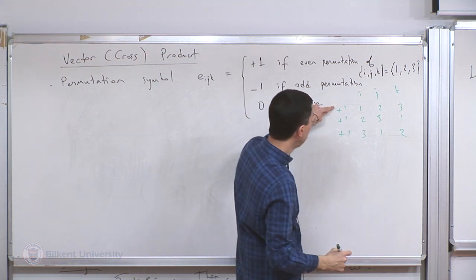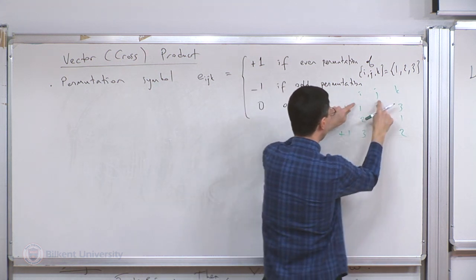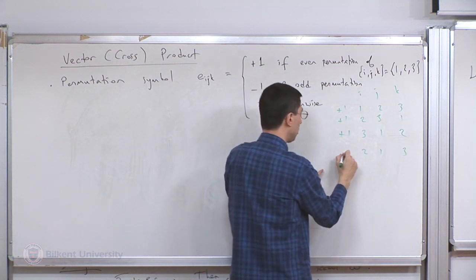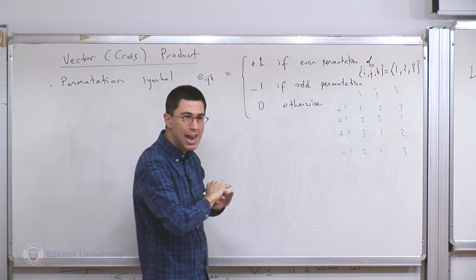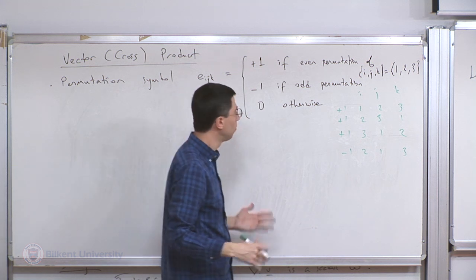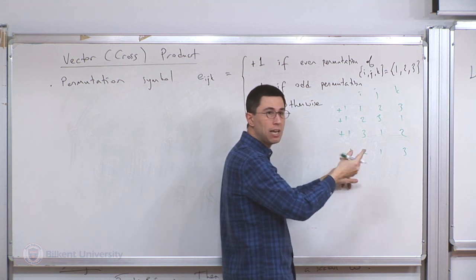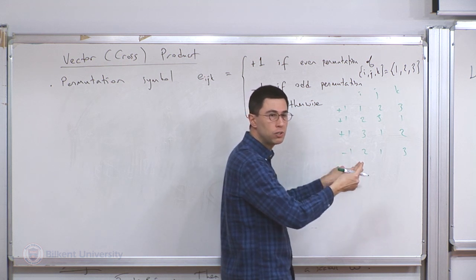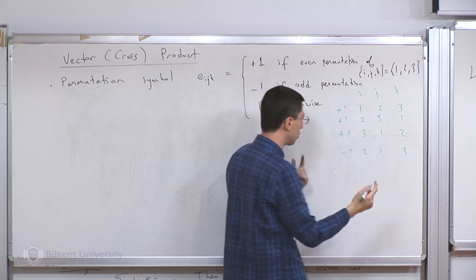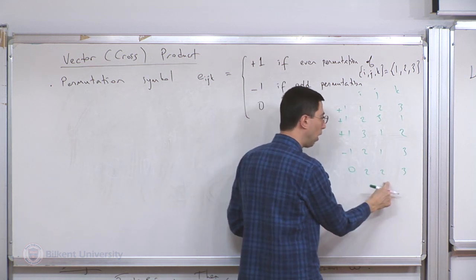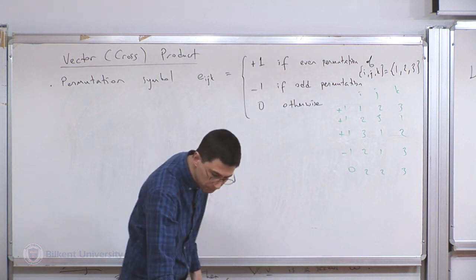If I had started here and switched only once, something like 2, 1, 3, it's an odd permutation. It's a -1. Anything else, it's 0. That means you do not obtain these 3 numbers by switching orders; you have some sort of repetition. For instance, 2, 2, 3, it's 0. 2, 1, 1, 0, etc.